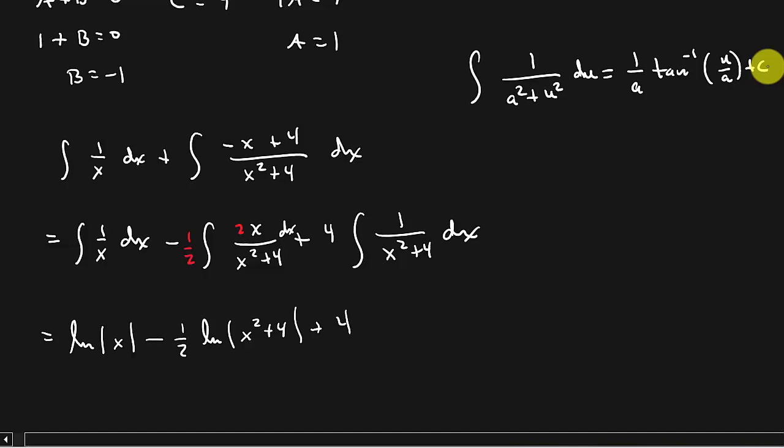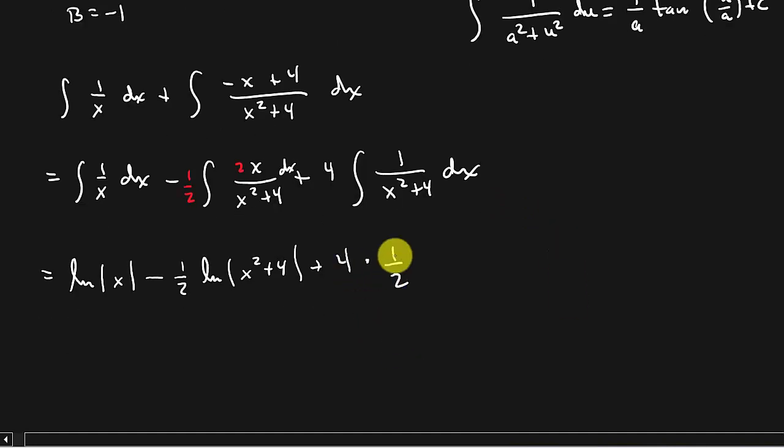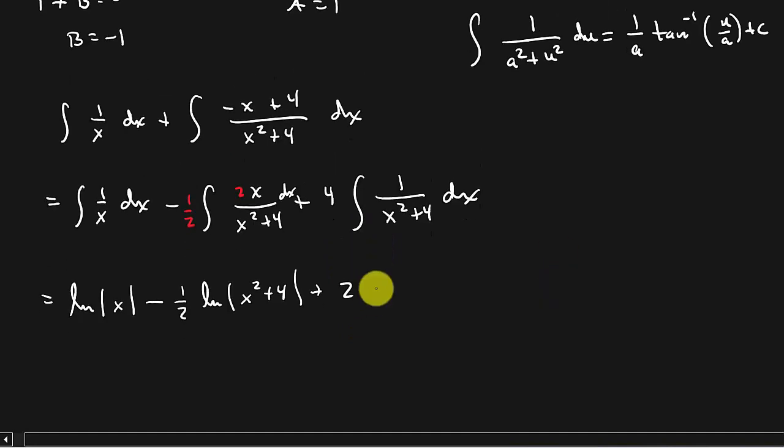So you can see in this problem, a is 2. See, this is a squared. A squared is 4, so a is 2. So that equals 1 over 2, which 4 times a half, that's 2. And then that's going to be inverse tangent of x over 2 plus c.